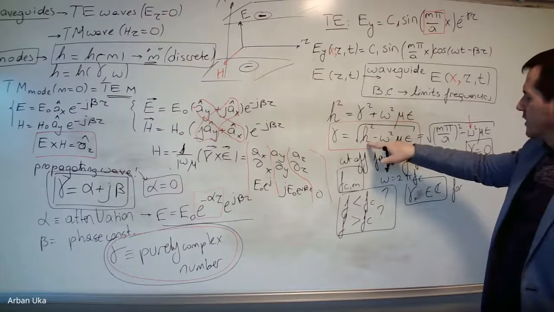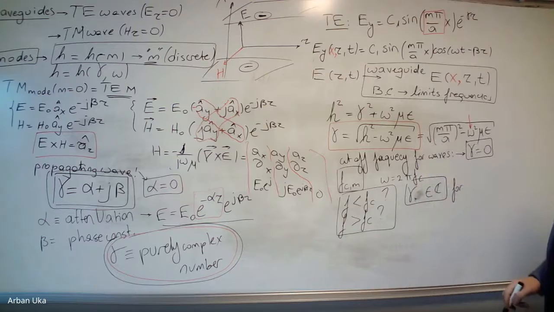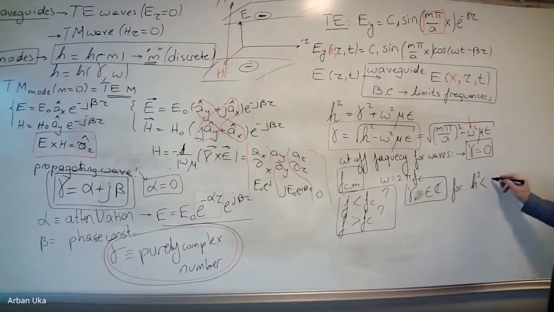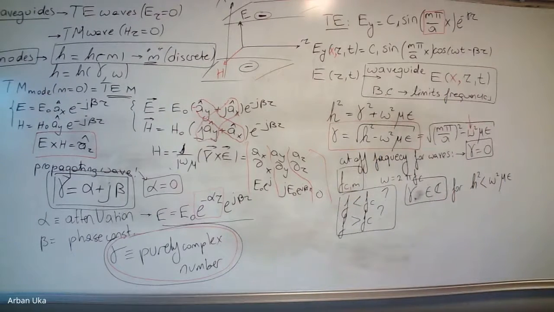So this H squared minus omega squared permeability times permittivity is smaller than 0. So we can write this as H squared. Should this be smaller or larger than omega squared mu permittivity? This condition of gamma being purely complex is satisfied in this case.